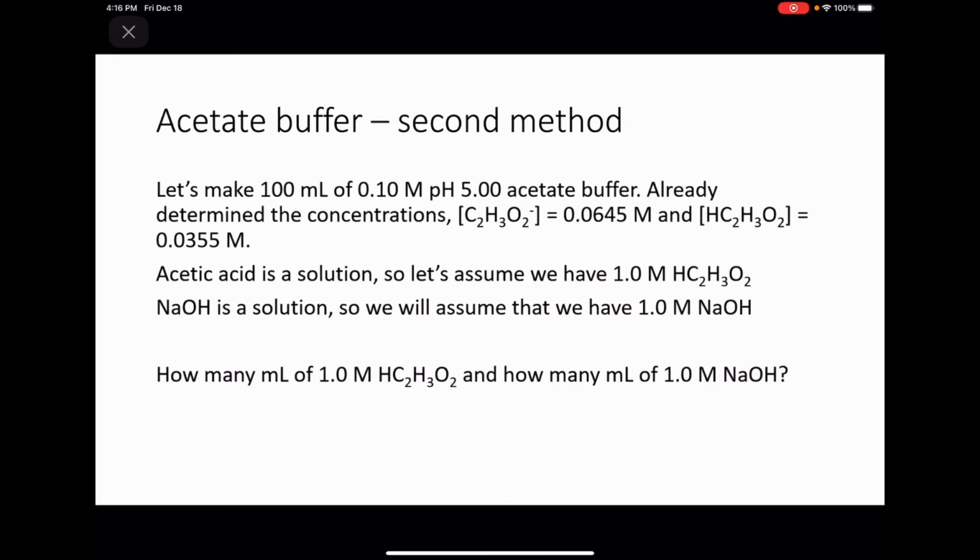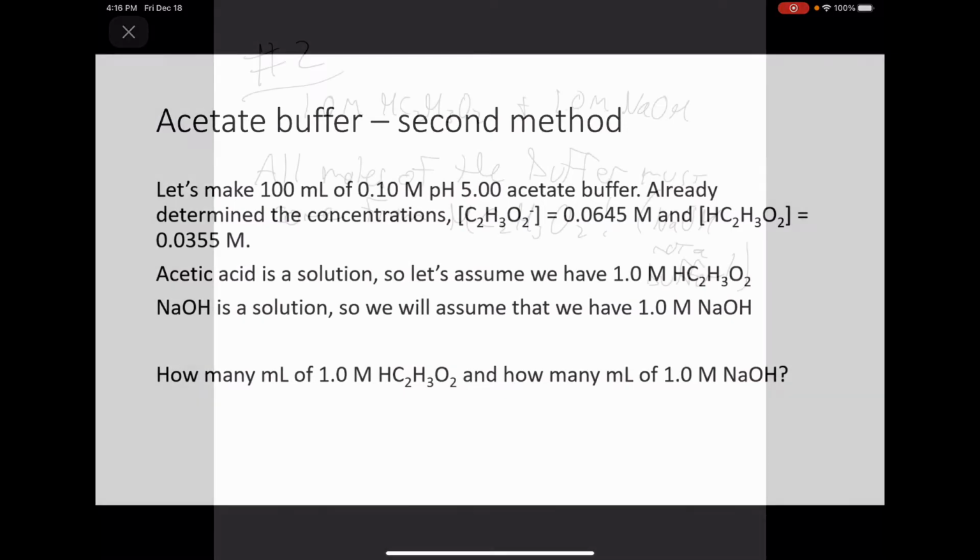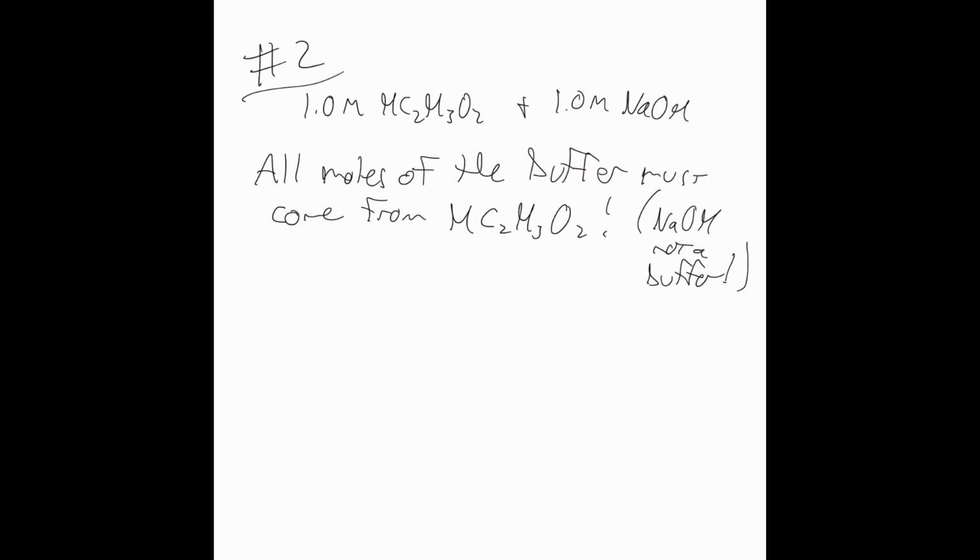In this case, we're going to solve the problem where we have how many milliliters of 1 molar acetic acid and how many milliliters of 1 molar sodium hydroxide do we need to mix together to get our pH 5 buffer. So here we've started the problem because we have acetic acid and sodium hydroxide. And remember, a buffer is a weak acid and its conjugate base. It is not a weak acid and a strong base.